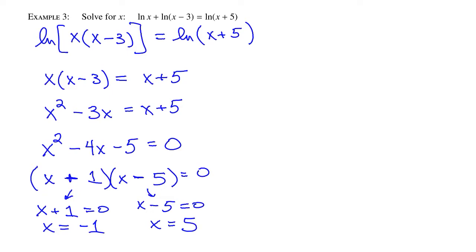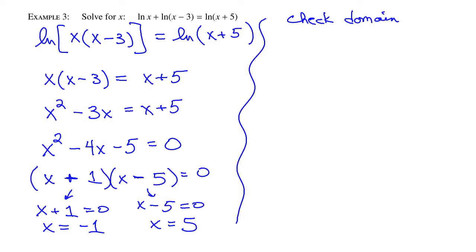But that's not quite the answer, and here's why. When you do log problems, you need to check the domain. Remember that the log in any base of x requires that x be greater than 0. The x is a generic placeholder here.